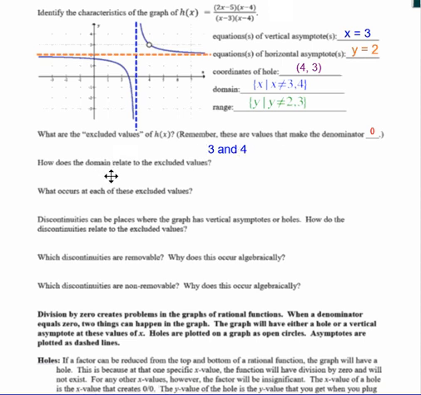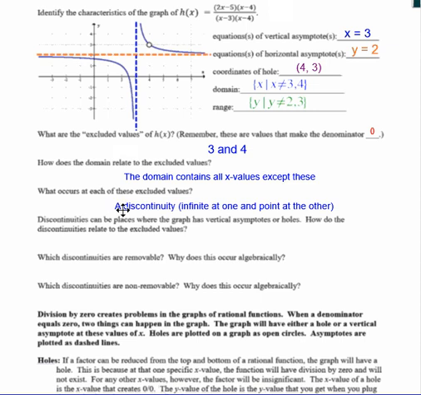And if we look at the domain and its relationship to those excluded values, those are in fact the exact same numbers. So the domain is representing the excluded values of the polynomial. We would say the domain contains all the x values except these excluded values. And at each of those excluded values, what we have happening is a discontinuity.